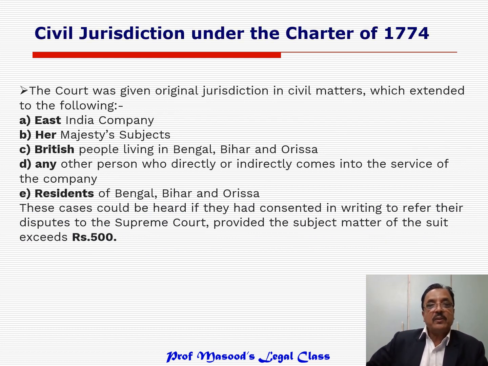Civil jurisdiction under the Charter of 1774. The court was given original jurisdiction in civil matters, which extended to the East India Company, Her Majesty's subjects, British people living in Bengal, Bihar, and Orissa, and any other person who directly or indirectly came into the services of the East India Company.